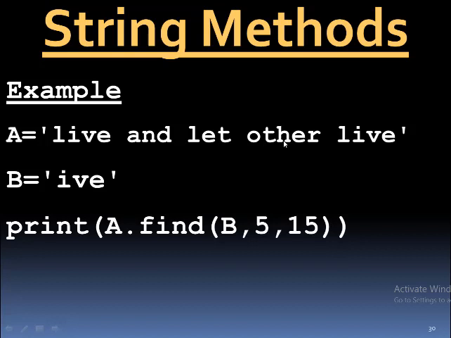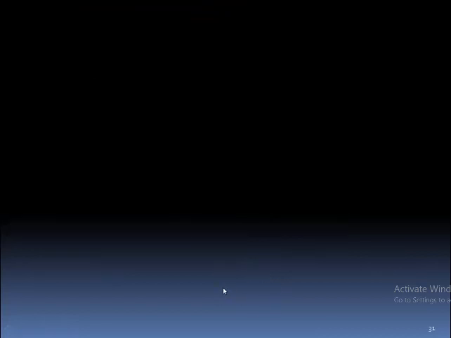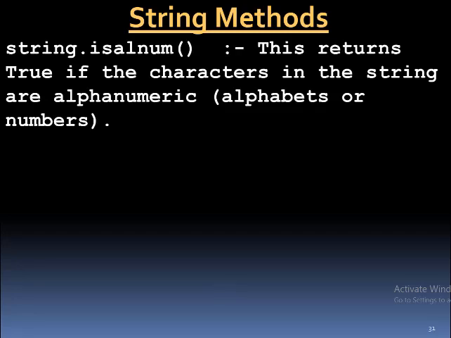So from "and" to "oth" here, you cannot find "ive", so the answer will be -1. So find returns the lowest index of the substring in the given string, and if it is not found, it will return -1.